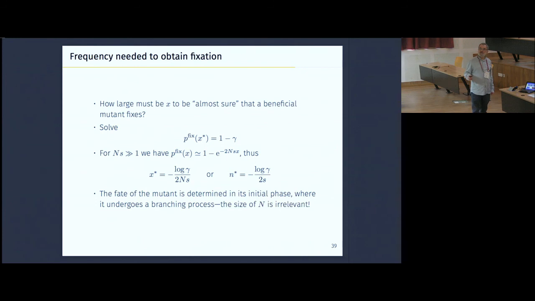Now, how large must X be to be almost sure that the beneficial mutation fixes? Well, you have to solve again. The probability of fixation at X star must be larger than, say, 1 minus gamma. Let's take NS much larger than 1, so we are in the favorable condition. Then P fix is given by this simplified formula.